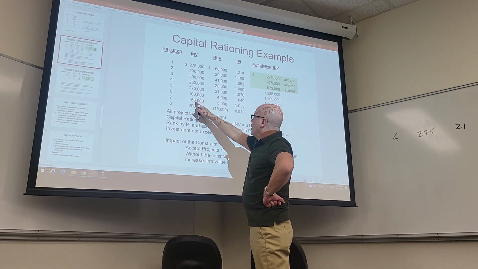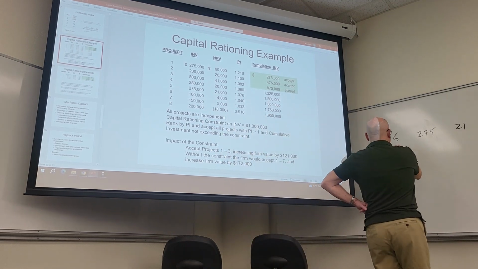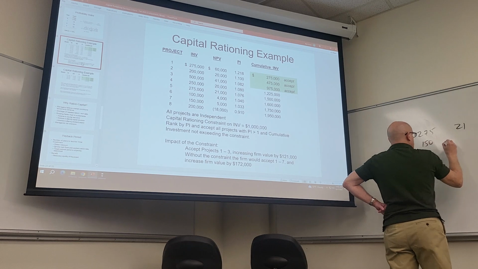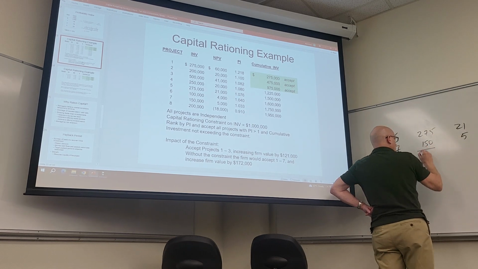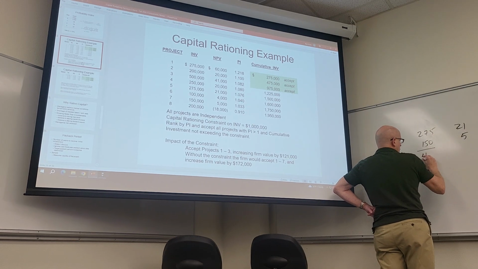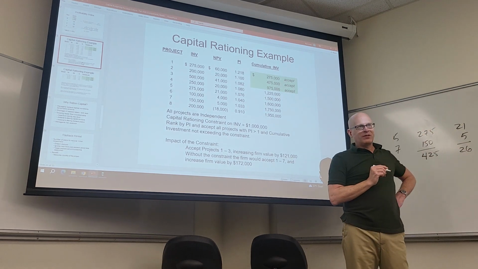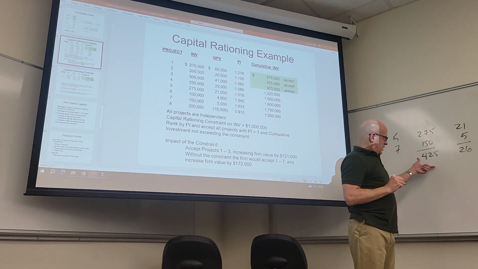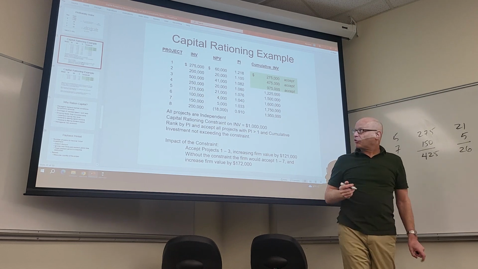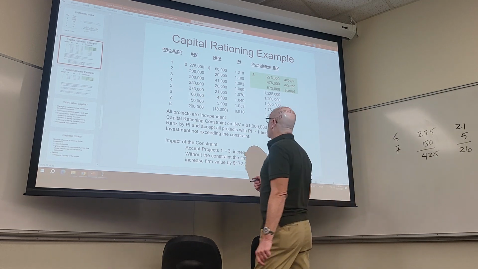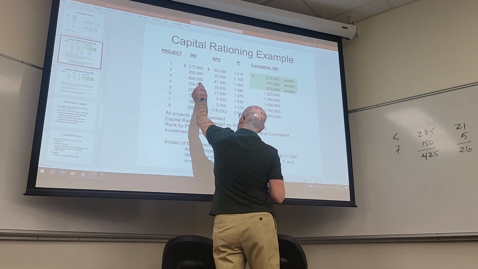I'm going to try number 7. 7 is going to cost me 150. It gets me another 5,000. So far I've spent 425, and I've gotten benefit of 26. I got a budget of $1 million, so I could throw another project in. Let's throw project number 3 in.